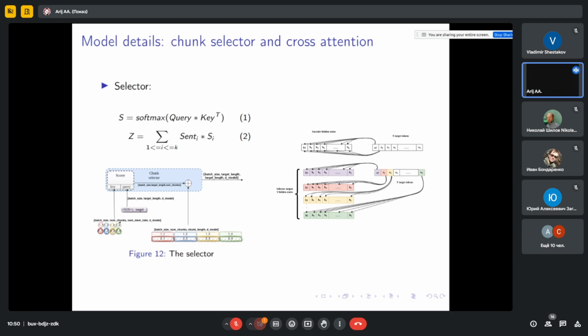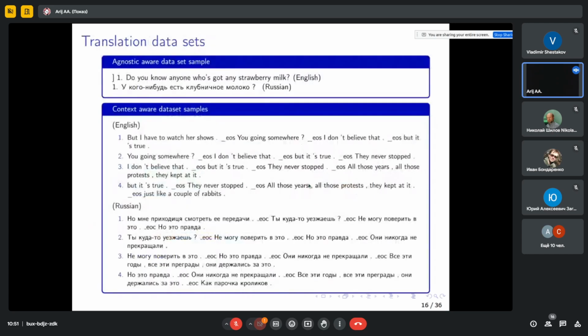In a traditional transformer, we have just one hidden state coming from the encoder, and this hidden state is used to generate all the target tokens. And this is a bottleneck for later experiments when we will increase the chunk length. But for the translation task, I didn't notice this issue.